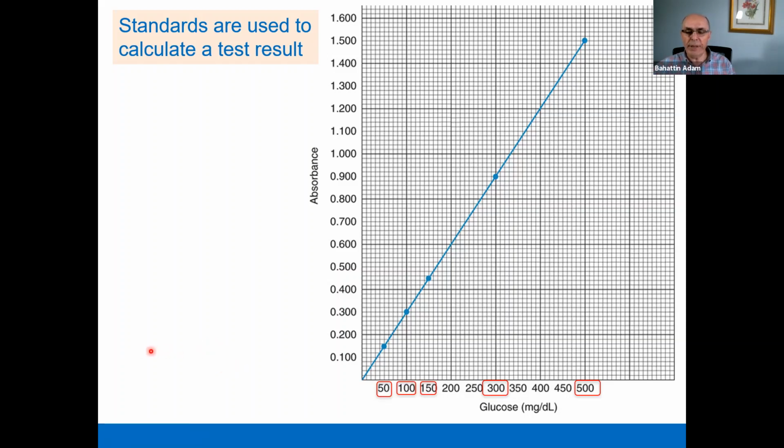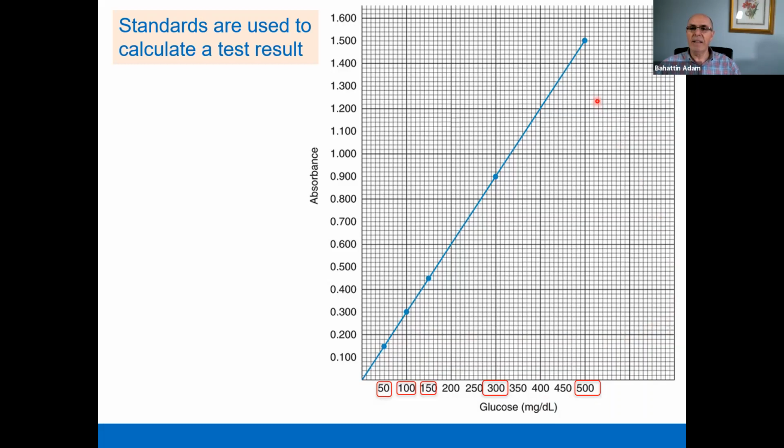Now I am going to prepare different standards which contain 50 milligram of the glucose, 100 milligram, 150, 300, and 500, different concentrations of the glucose included in different standards.